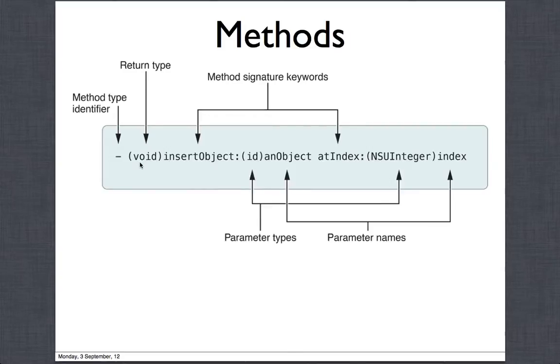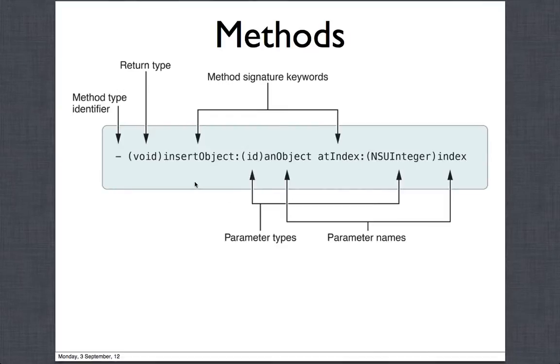And then the main thing that makes people scratch their heads when they try to learn this language, and some people say this is hard, but this actually makes more sense than something we used to. This is just something different. So this is how you actually declare the name of your method. Here we have an insert object method, and we're doing insertion of an object at some index.